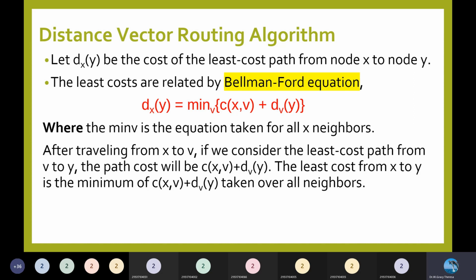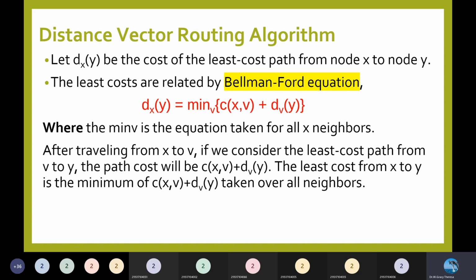The d represents the distance. The distance between the node x and y is nothing but the cost of the least cost path from node x to node y. That least cost is selected with the Bellman-Ford equation. So the distance of x and y is the minimum, the least cost, over c(x,v) plus the distance from v to y, where v ranges over all the intermediate nodes between the source node x and the destination node y.